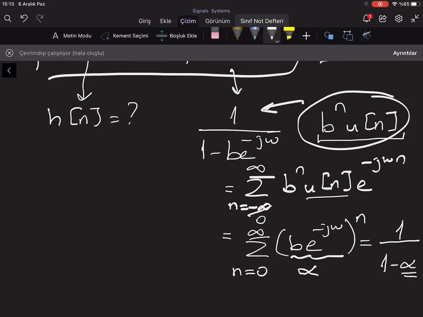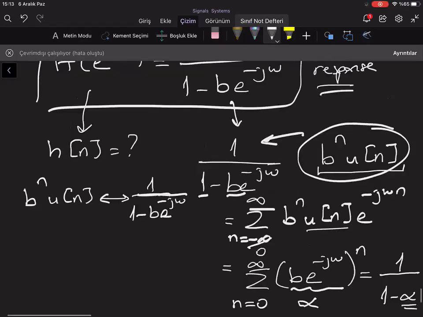So alpha is b e^{-jω}, and you can see that this is correct, okay? So I can say that if b^n u(n) would be my h(n), its Fourier transform would be 1 over 1 minus b e^{-jω}.